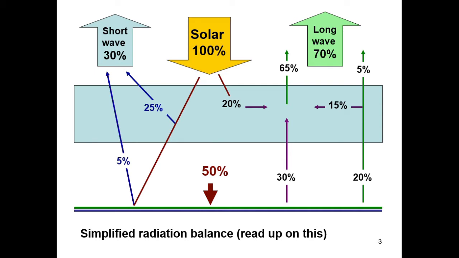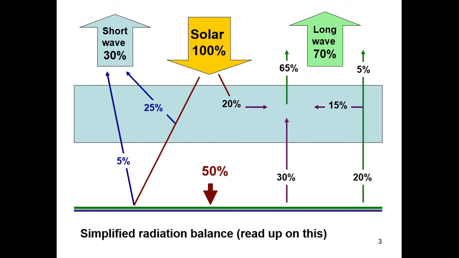So of the incoming solar radiation, about 30% is reflected and backscattered by the Earth's surface or by air, clouds, and so on. And that goes back out as shortwave radiation. About 20% is absorbed by water vapor, clouds, dust, ozone, and other things. And that, again, is re-radiated.